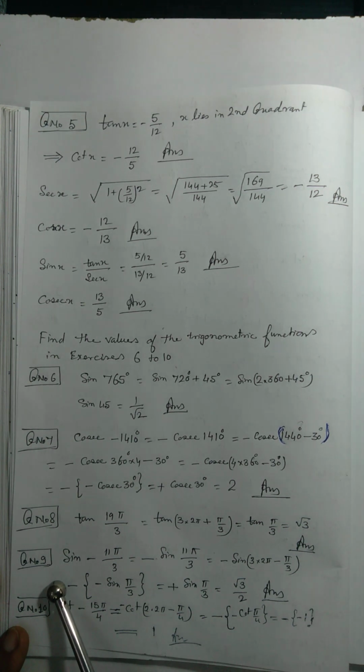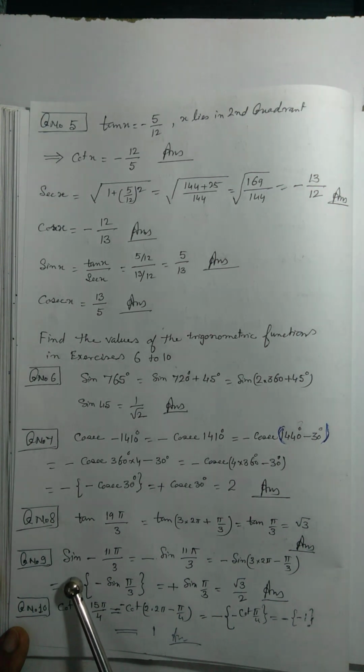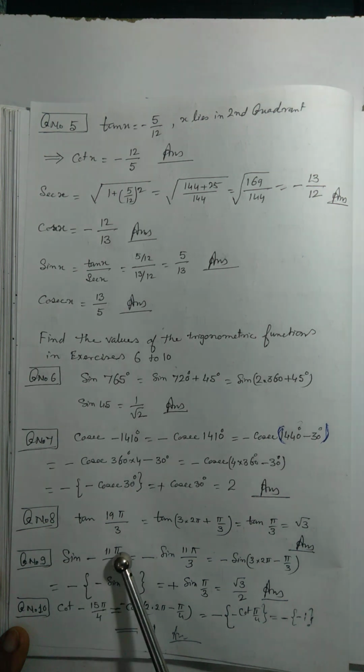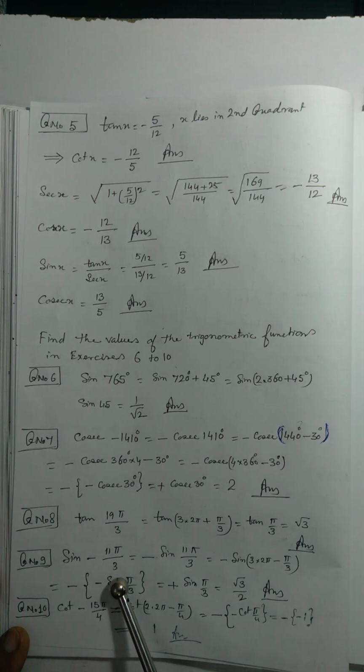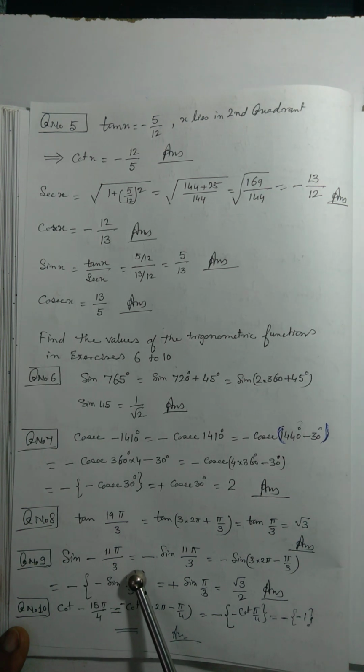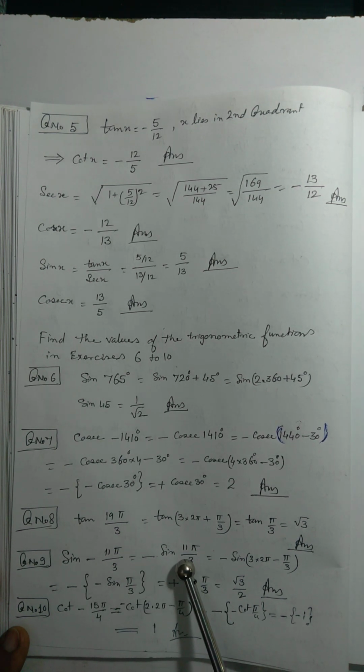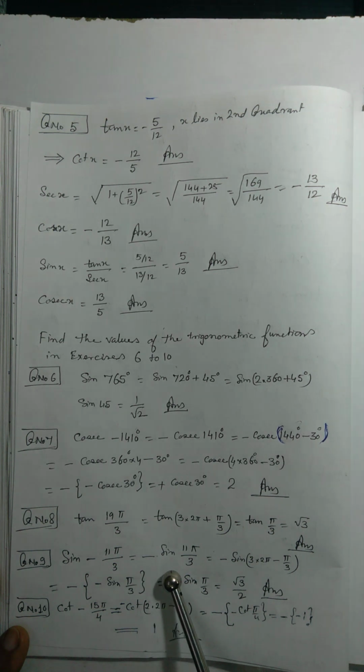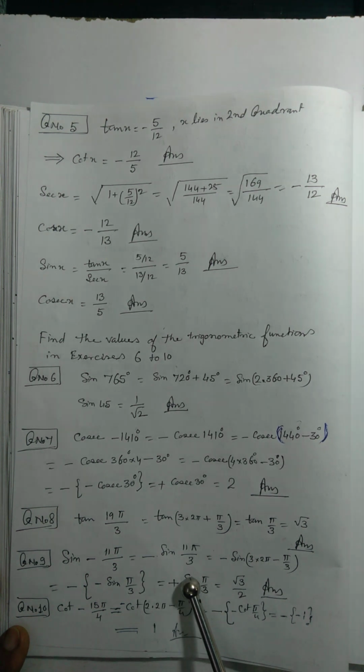Now come to the question number 9. Sine minus 11 pi by 3. So sine minus theta is equal to minus sine theta. So here I have written it, minus sine 11 pi by 3.